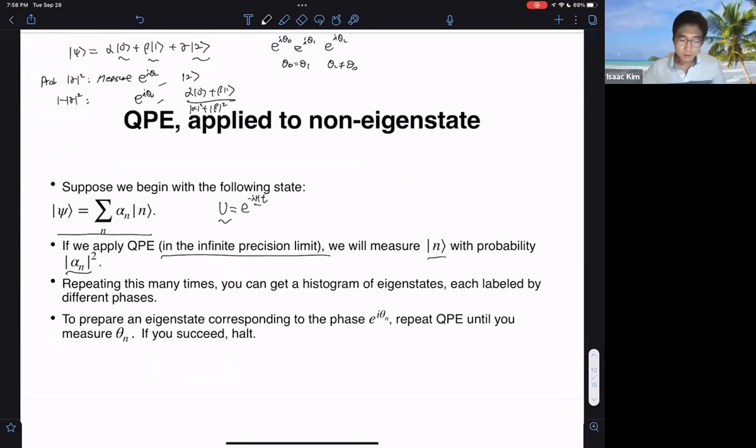And if you consider the finite correction, when you have finite precision, that correction can be calculated directly.